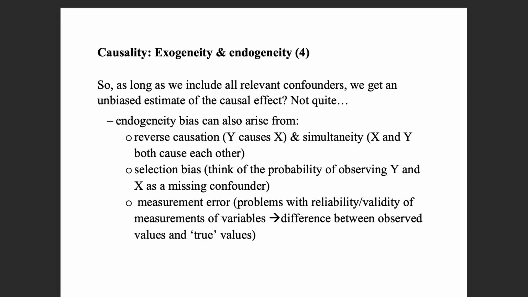In other words, if you have problems with reliability and or validity, that means that there is a difference between the observed values on your variables and the true values that you actually want to measure. And this too can lead to endogeneity bias, which can go in various different directions. If your measurement error is completely random, so there is no pattern to it, and we're talking about a simple linear regression model, then the value of your coefficients will tend to be lower, so closer to zero.